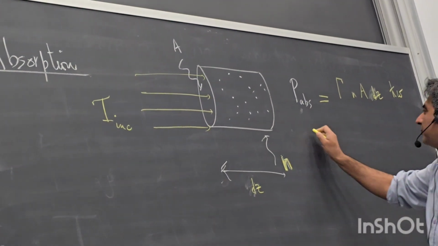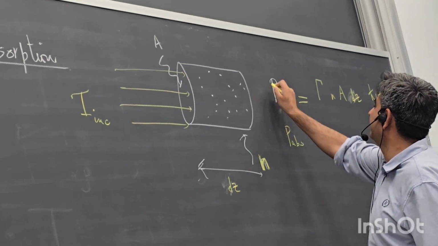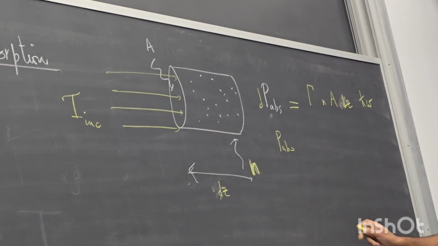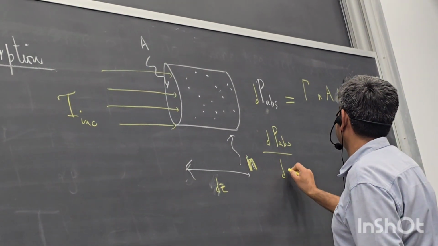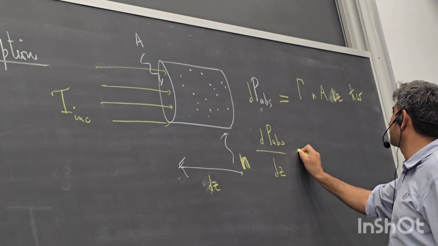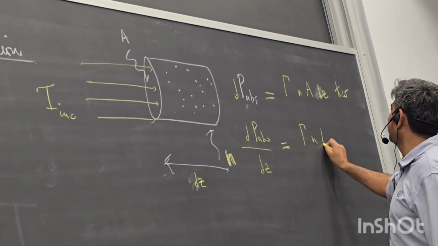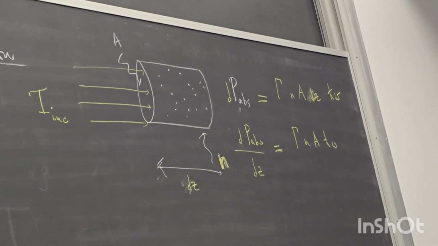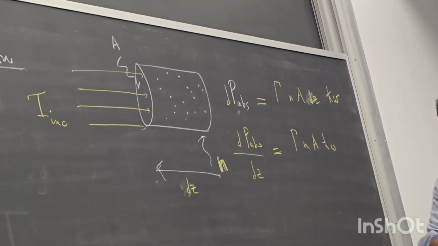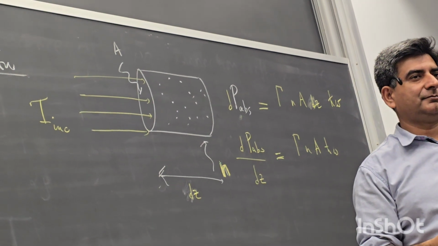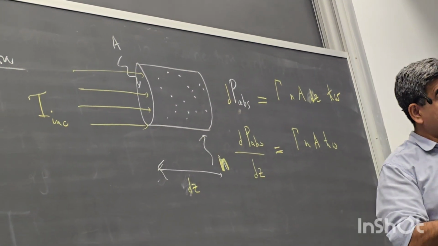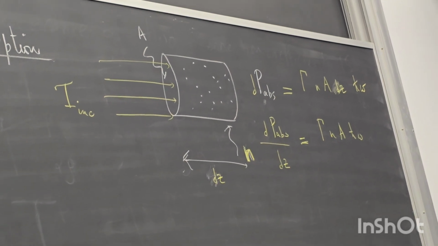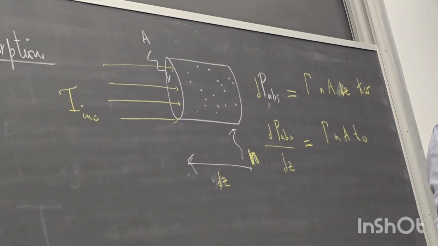So if I put P absorbed, suppose this is the differential power absorbed, dP absorbed over dZ is going to be equal to gamma n A ħω. So this is the energy that is removed from the beam. And you want to find out the energy per second removed per unit area, that is the loss in intensity.